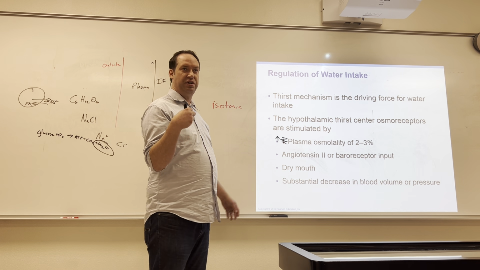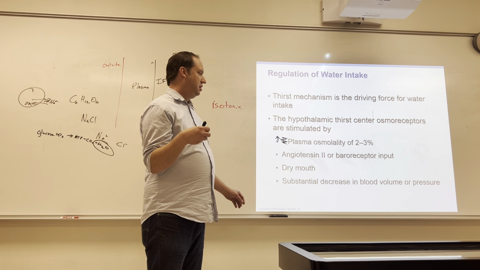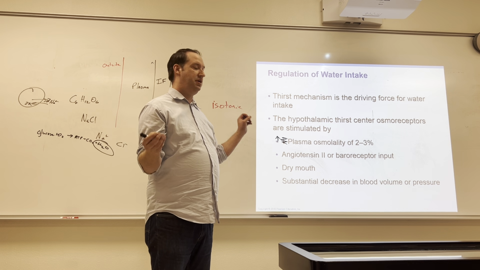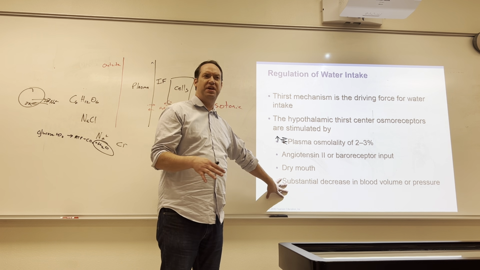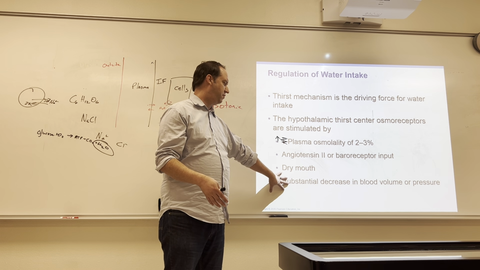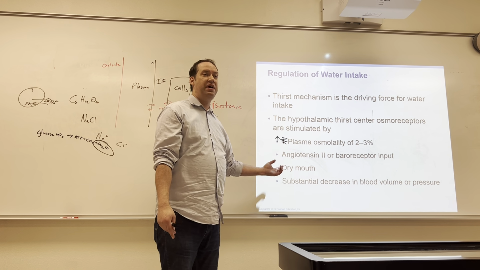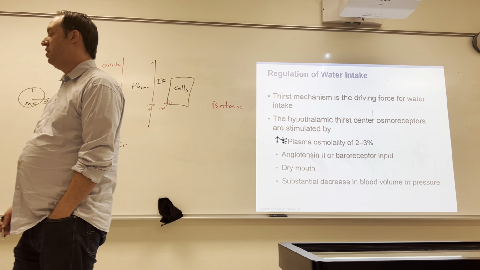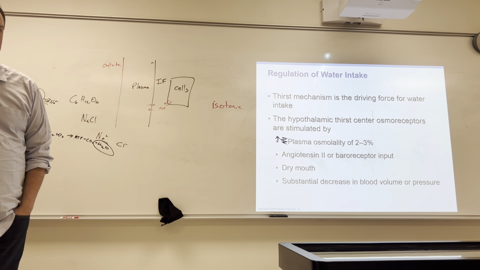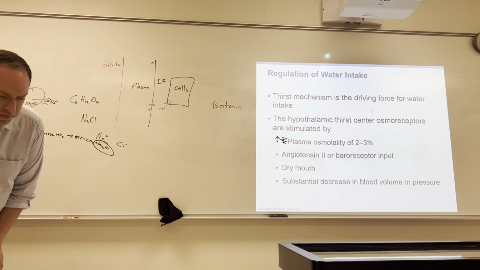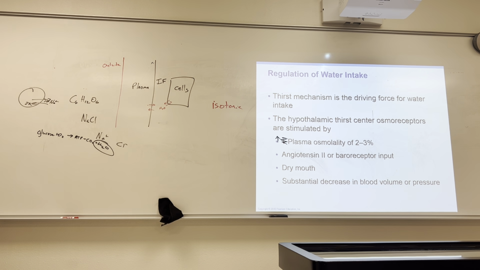Angiotensin II triggers that thirst mechanism. Blood pressure does too, but it has to be substantially low before you're thirsty. One of the major stimuli for water intake is having a dry mouth. That triggers the thirst mechanism.